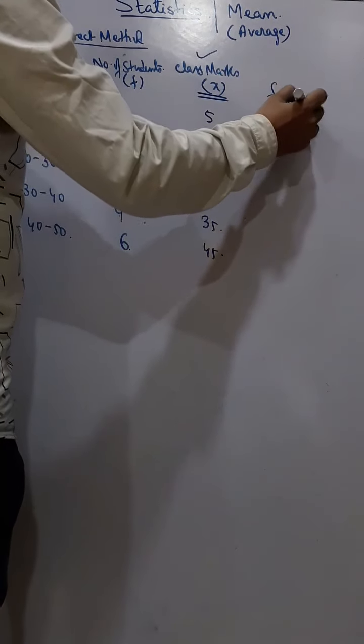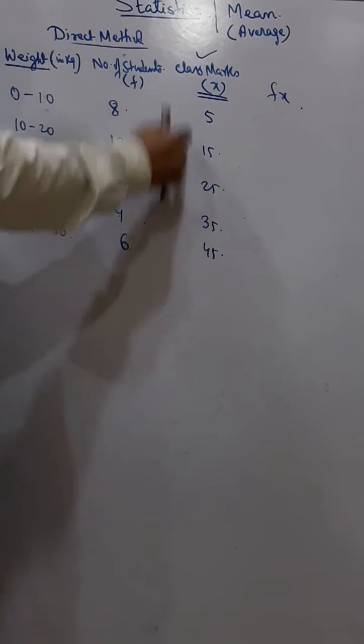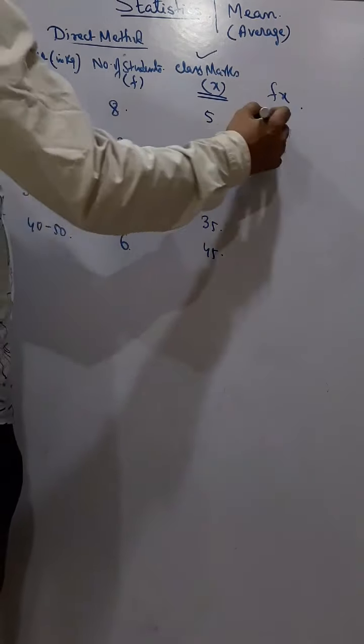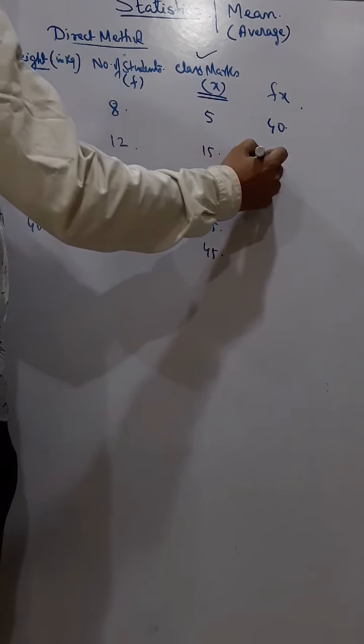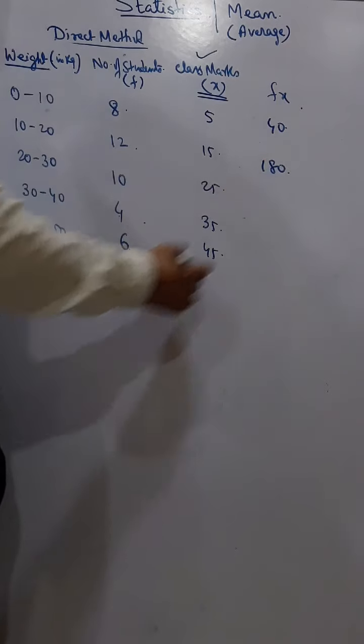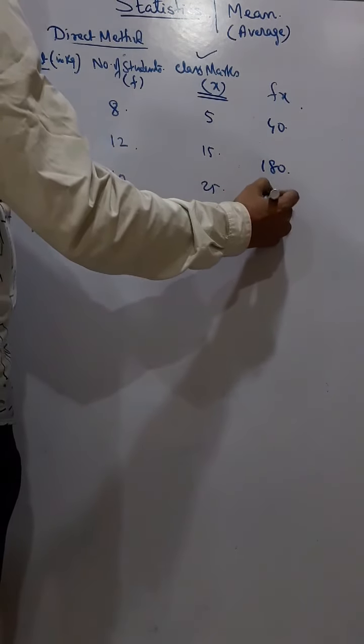And in the direct method you have to find fx. So now I will find fx from this value of x, from the mid values. Like 8 into 5, that is 40. And then 15 into 12, that will be 180. And then this will be 250.